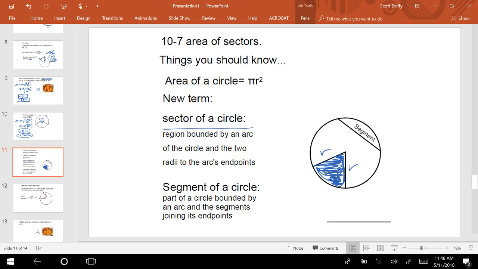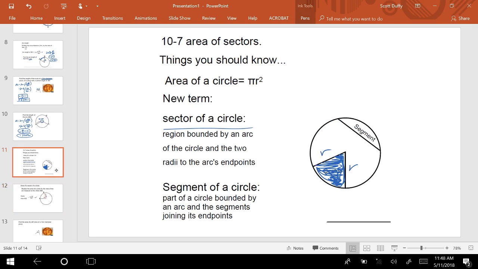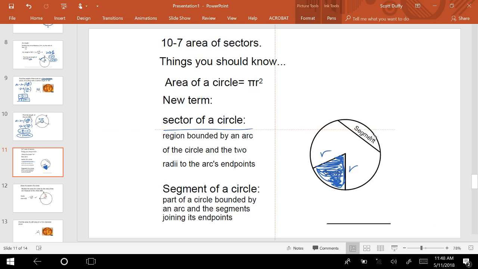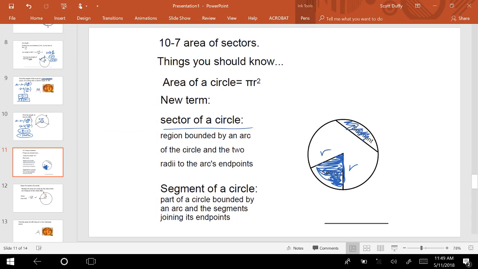A segment, which I will teach you guys next week how to calculate, is just if you cut off an edge of a pizza. Just make a straight line somewhere. It would be that filled area. All of this. That's a segment.